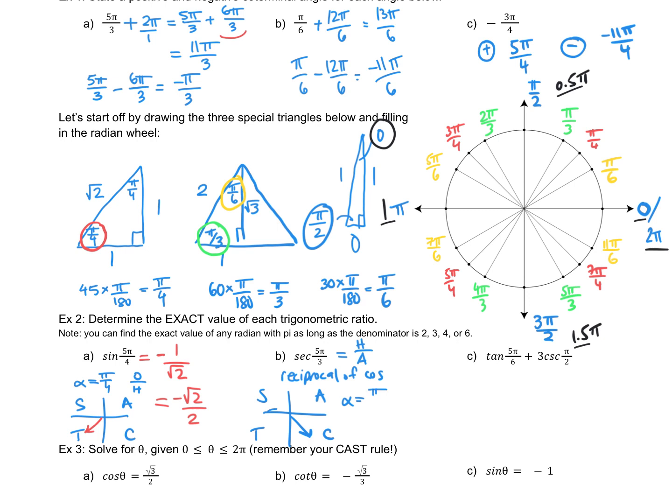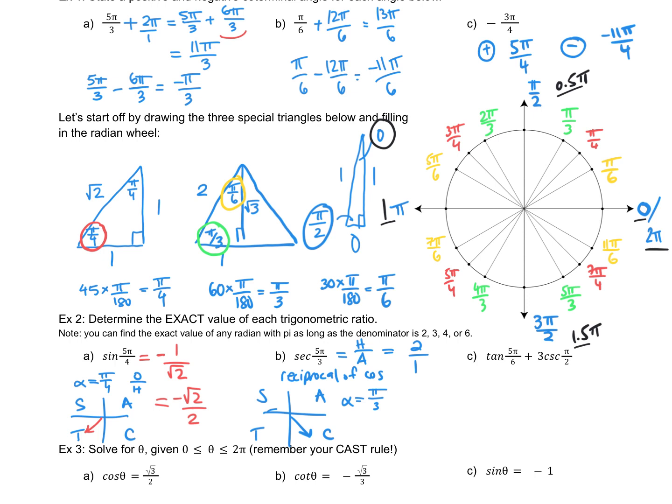Well, I look at my denominator and it's 3, so pi over 3. I go to pi over 3, my hypotenuse directly across from the right angle is 2, and adjacent to pi over 3 is 1. So we're going to have 2 over 1. And why is it positive? Because we're in cos's quadrant and secant is the reciprocal of cos. So that one is done.